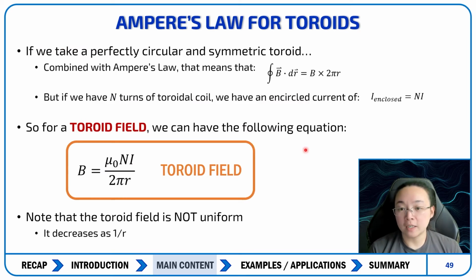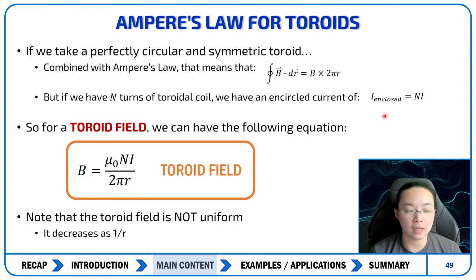So when we're taking a look at toroids, we're going to take a look at a perfect scenario when you have a perfect circle and it's very symmetrical. Combine that with Ampere's law, we now have the integral of B dr being equal to, we factor out B, and we have the circumference as the path length, so we have 2 pi r. Now with Ampere's law, it has to be equal to mu naught I. So we take a look at the enclosed current.